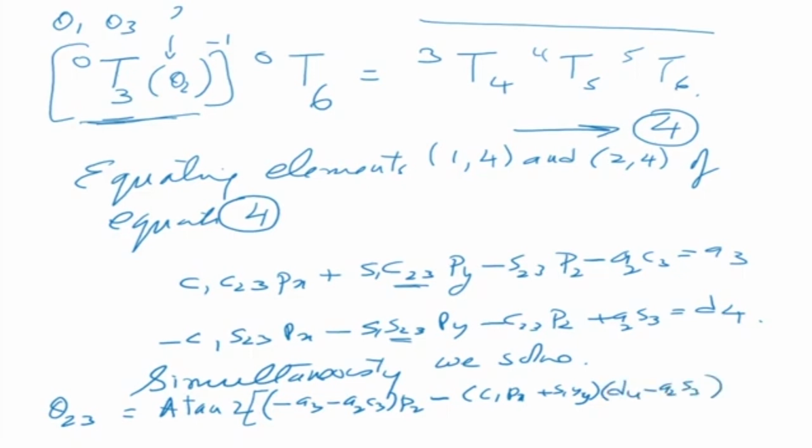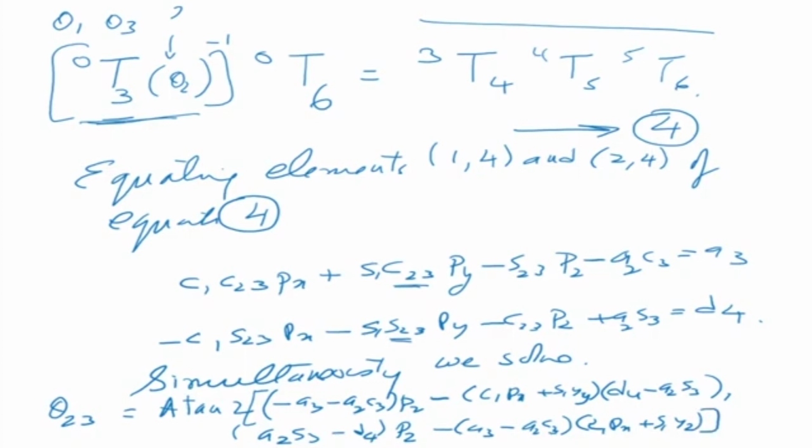This is my sine term, and the cos term is A2 S3 minus D4 Pz minus A3 minus A2 C3 times C1 Px plus S1 Py.